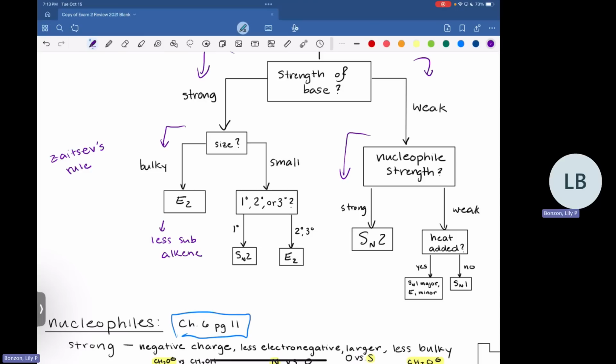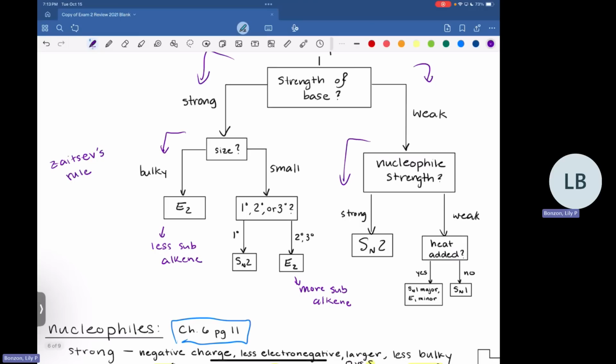So for small bases, it's going to form the more substituted alkene because it's the more stable product. However, bulky bases can't form the more substituted alkene because they're just too big. So even though it's technically a less stable product, it's better for the base itself. So it's going to be the less substituted alkene in this case because we have a bulky group.